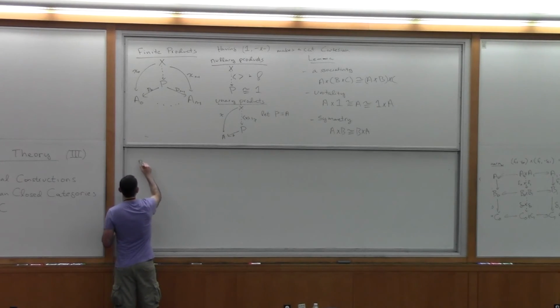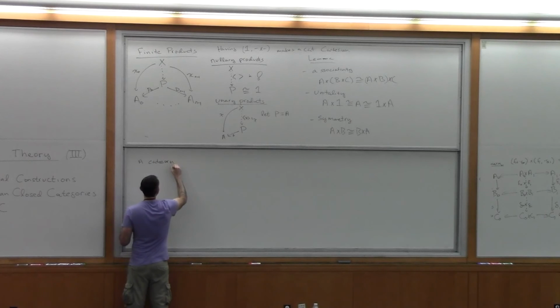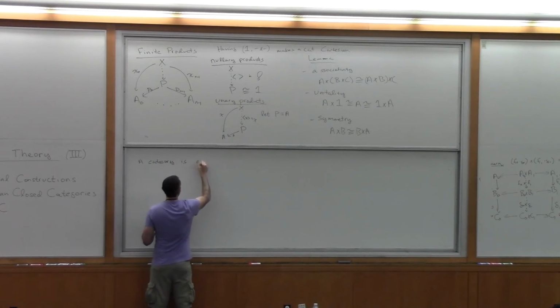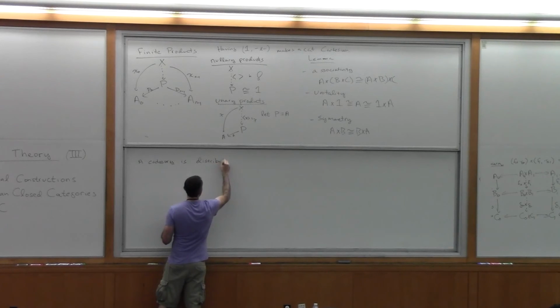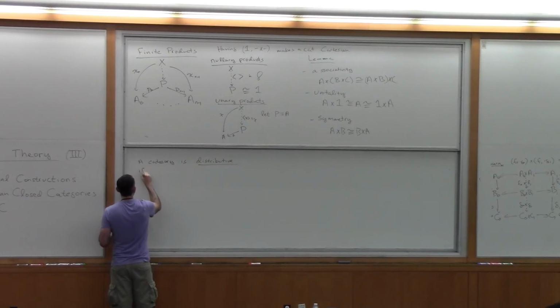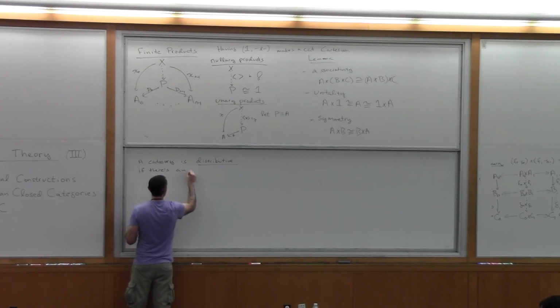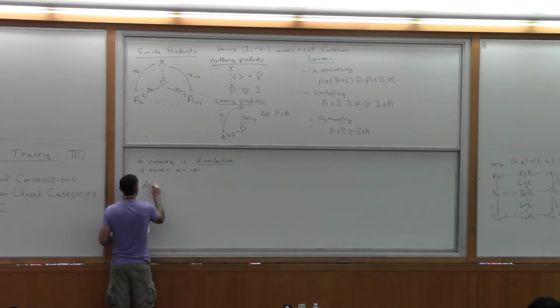A category is called distributive if there's an iso, which I'll write like this.